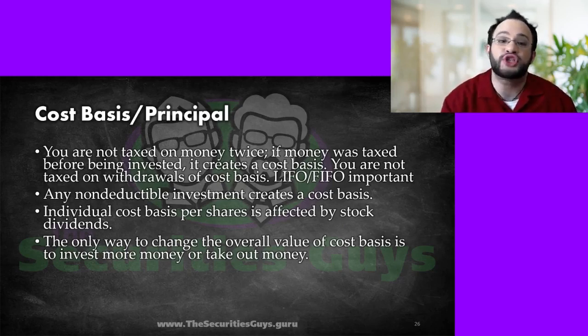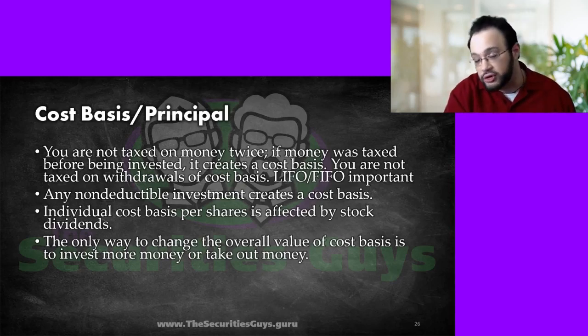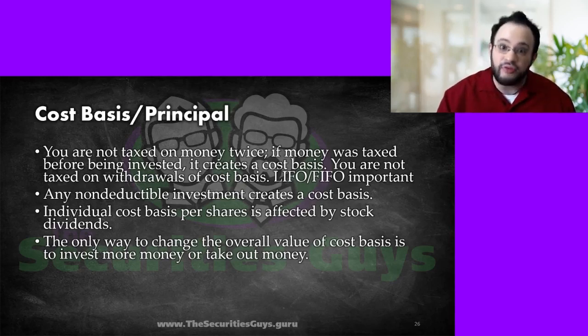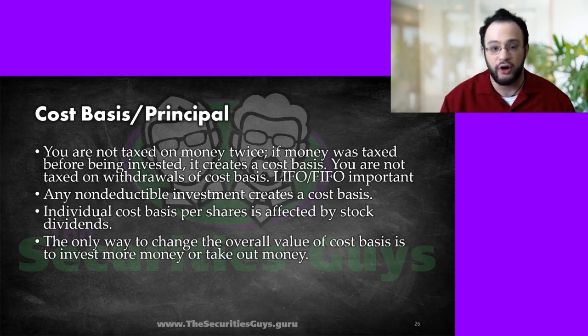Well, the per share cost basis may now be changing. Maybe I have fewer shares. They did a reverse split. Again, the individual cost basis per share has changed. But I still only invested $10,000. If I'm going to sell the whole investment, it's my overall cost basis that's important. Individual cost basis per share only matters if I want to just sell some of my investment.